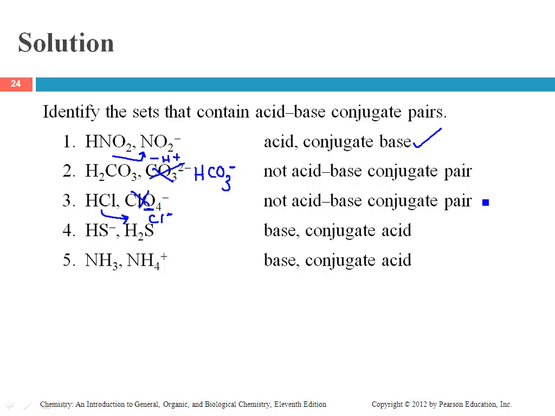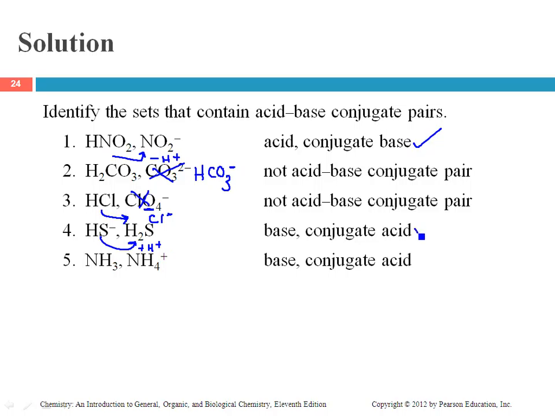Okay, this is one from the other slide. Here we've got our base. It's got a negative charge here. And if it gains a proton, it goes from negative to neutral. And so it's going to gain a proton and become the conjugate acid.